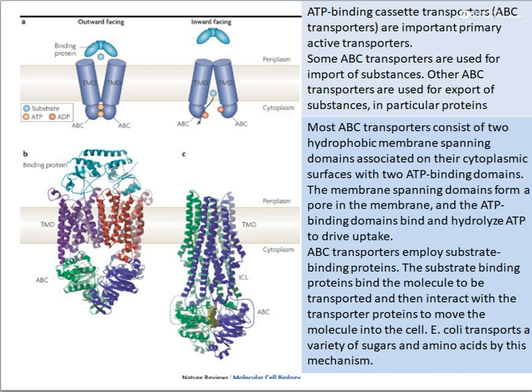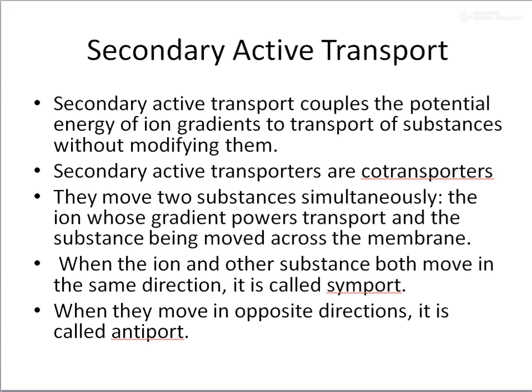Now, next we're going to talk about the secondary active transport. In the case of secondary active transport also, we require energy. But the difference is that there would also be an ion gradient for the transport of the substances without modifying them.